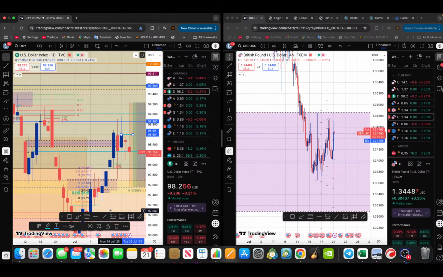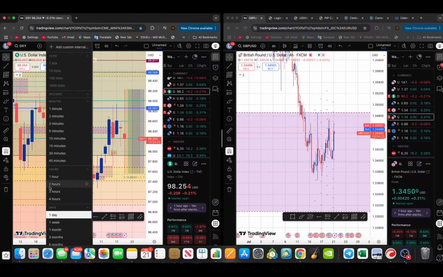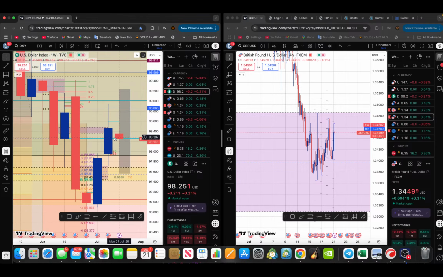There are no fair value gaps here, so the only thing it can really take is this low or this low, come back into what we used as an inverted fair value gap going forward. Now that it's used it for the bullish side, potentially may use it for the sell side, but it's just too far out here.